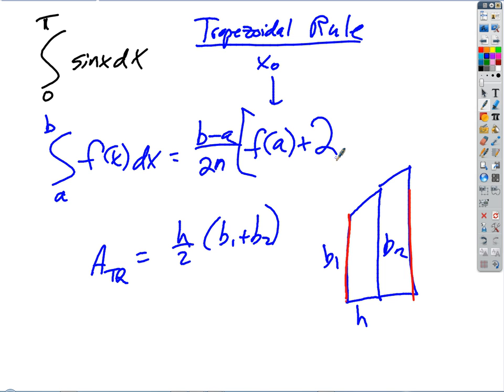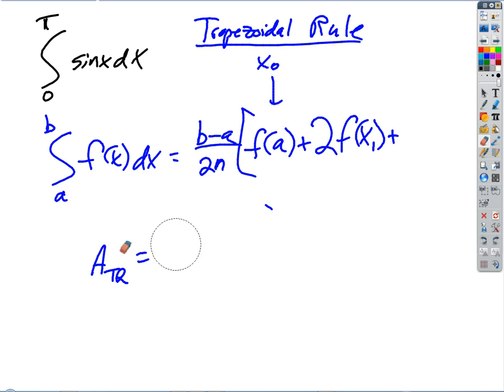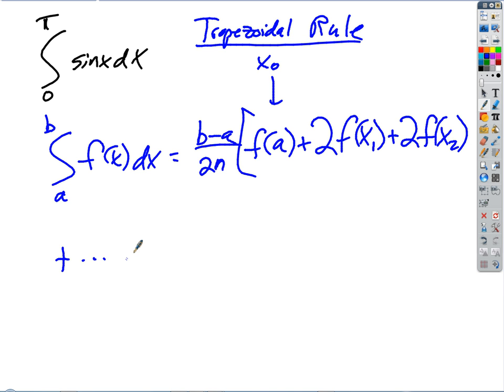We get 2 times f of x sub 1 plus 2 times f of x sub 2 plus all the way out to the next to the last one, 2 times f of x sub n minus 1.